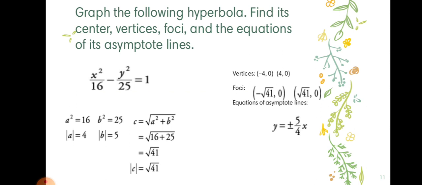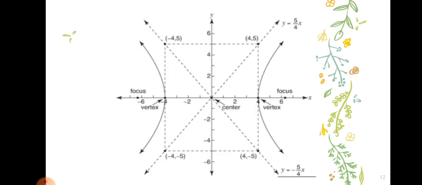So the vertices are (negative 4, 0) and (4, 0), and the foci are (negative square root of 41, 0) and (square root of 41, 0). The equations of the asymptotes are y equals positive and negative 5 over 4 x. So here is the graph of the equation.